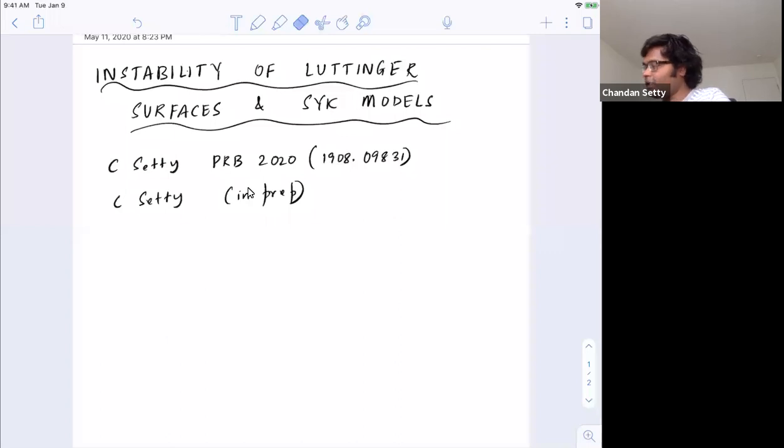So I'm not really going to go into the holographic aspects in terms of writing the models per se, but hopefully at the end of this talk, I'll convince you that maybe there is something more to learn about Luttinger surfaces and how one can make connections with models of gravity. Now, I'm not an expert in holography per se, so if I use the word AdS and if I don't make sense, it's quite a possibility.